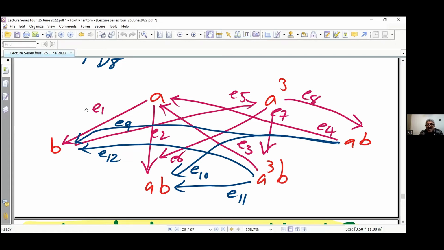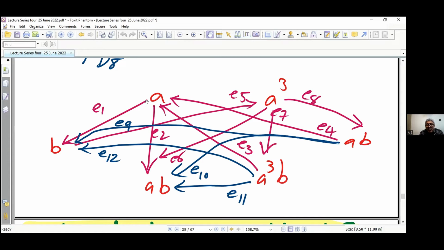E1 and E3: E1 is from A to B, E3 from A cubed B to A. So here is the second case, and the entry for E1 and E3 is -1.